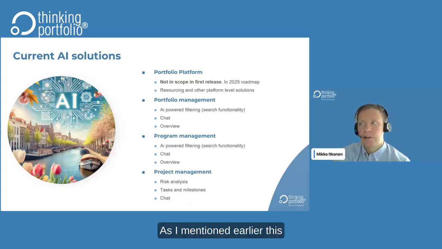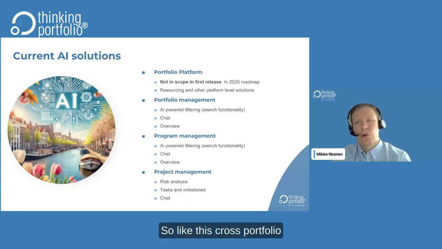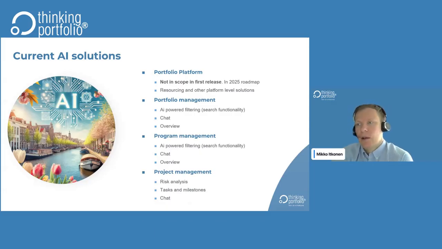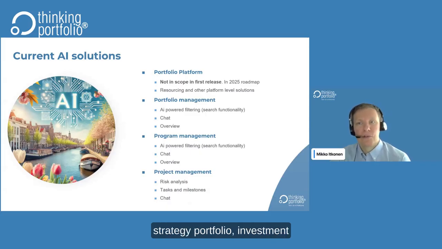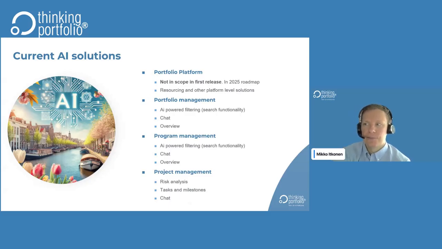As I mentioned earlier, the portfolio platform level is not yet in this first implementation. So these cross-portfolio AI tools, we don't have in the first implementation. But what do we have? We have for each portfolio, like project portfolio, risk portfolio, strategy portfolio, investment portfolio, you name it, portfolio management level AI functionalities.